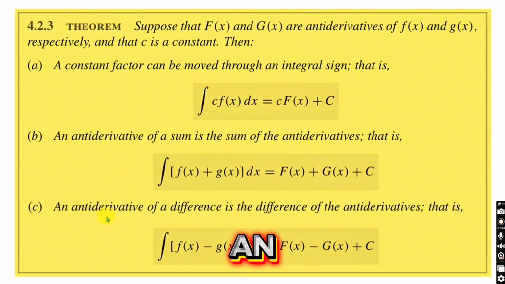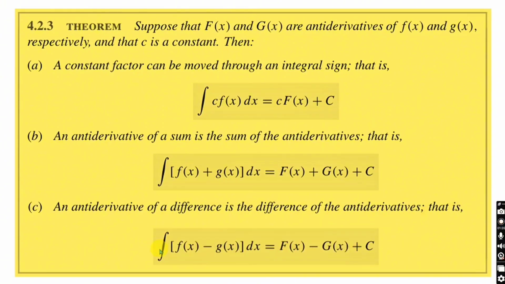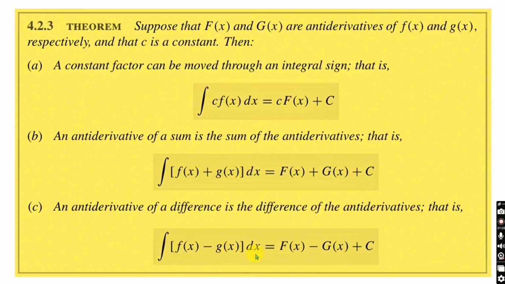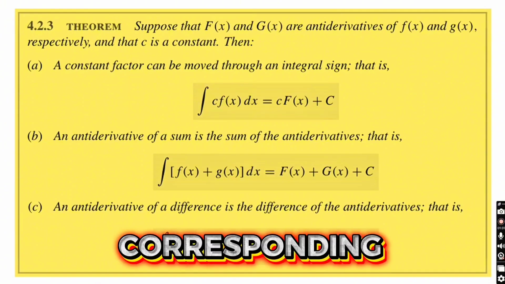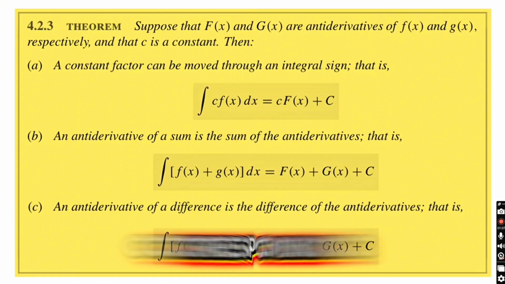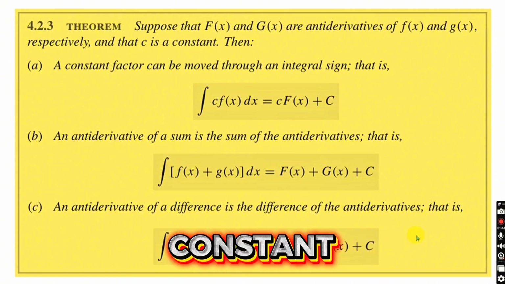Third, an antiderivative of a difference is the difference of the antiderivatives, that is, the integral of the difference of the two functions f of x and g of x with respect to x is equal to the corresponding antiderivative of the function f of x minus the corresponding antiderivative of g of x, plus c, or the constant.